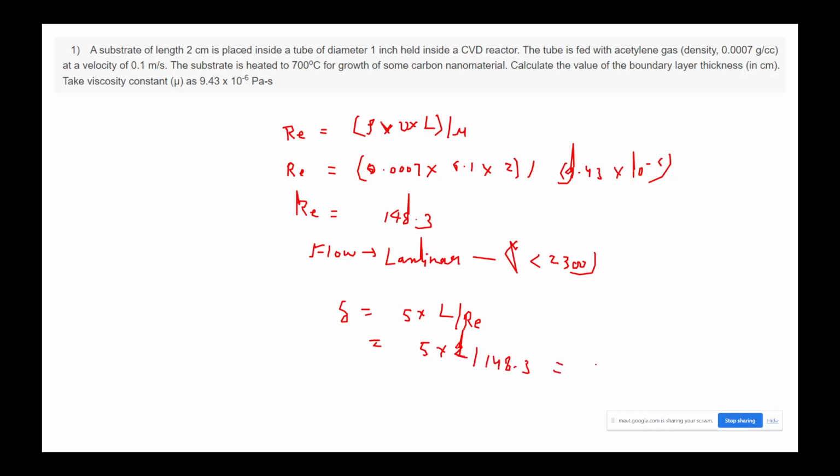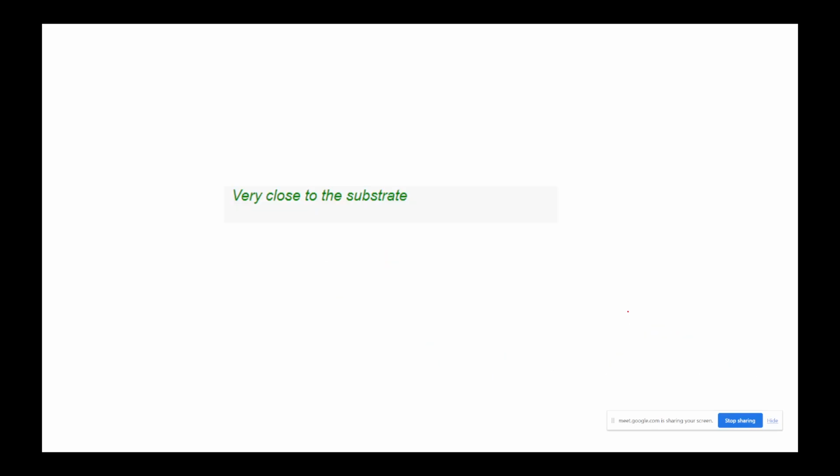So how much will it come to? It will come to around 0.068 centimeter, which is somewhere close to 0.1 centimeter. If you have any doubt or problem with this kind of question, we can take it in the next class.